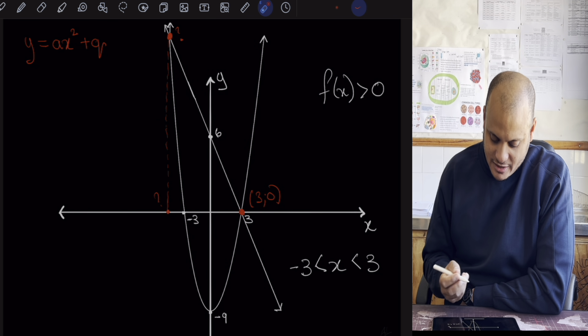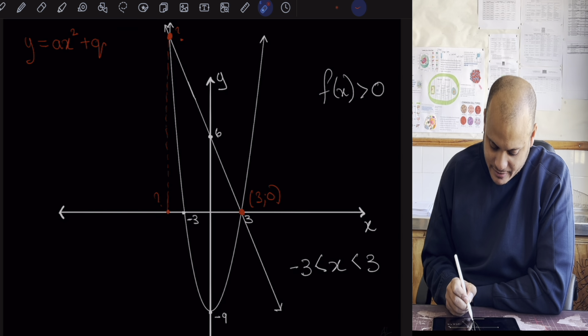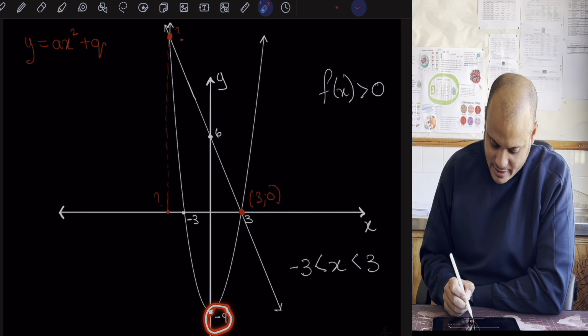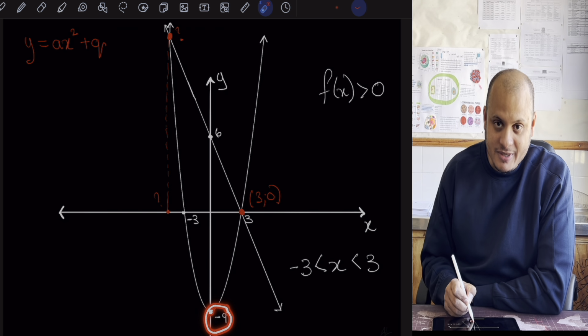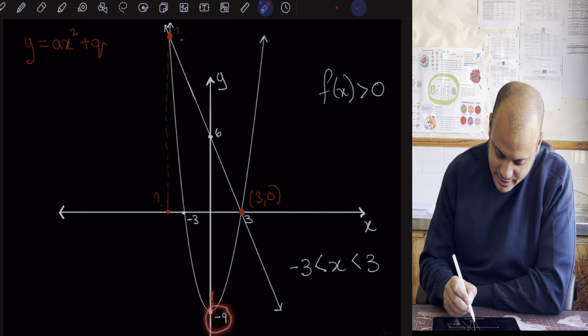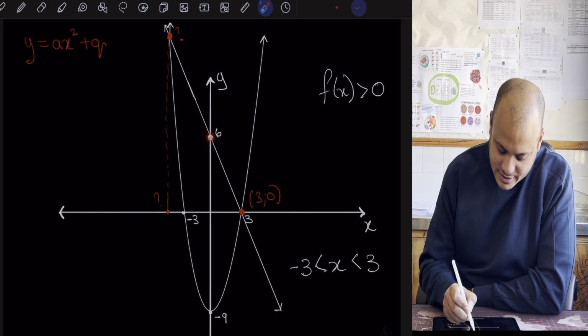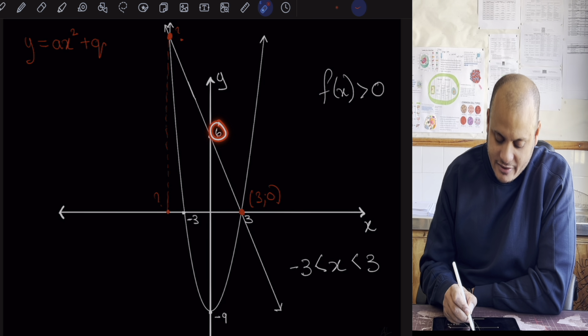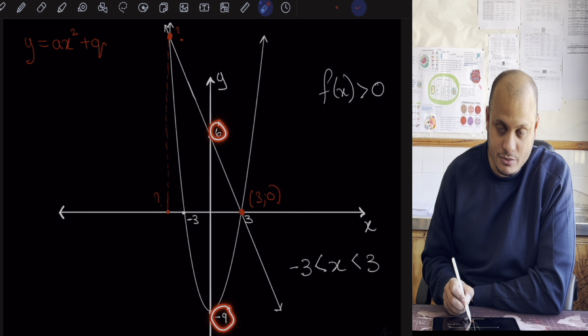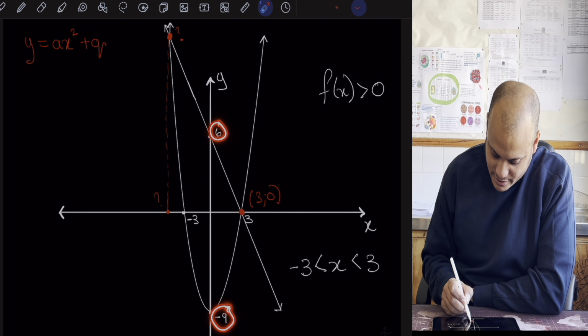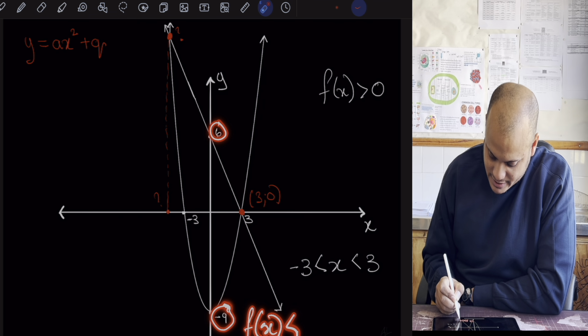My f of x value, in other words my y value for the parabola at this turning point, is -9. We know this already. Now, at this very same point, where is my straight line? My straight line is at +6, and obviously 6 as a y value is much greater than -9 as a y value. So that is a point of the parabola where f of x is less than g of x.